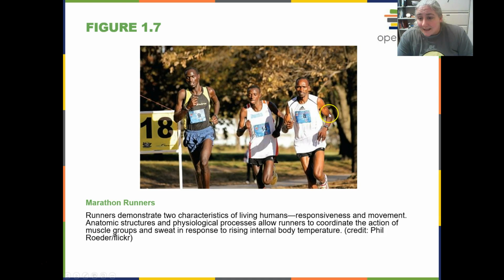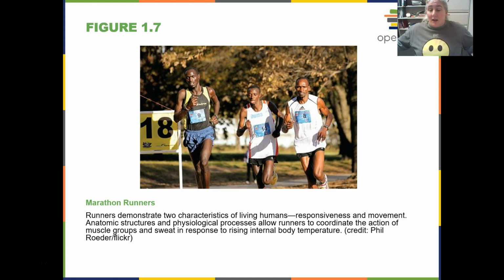You can kind of see the sheen on their heads because they're going to be sweating. That sweat is helping to maintain body temperature. So they're responding to an increase in body temperature by sweating. And so this is also responsiveness, and then of course their bodies are moving.